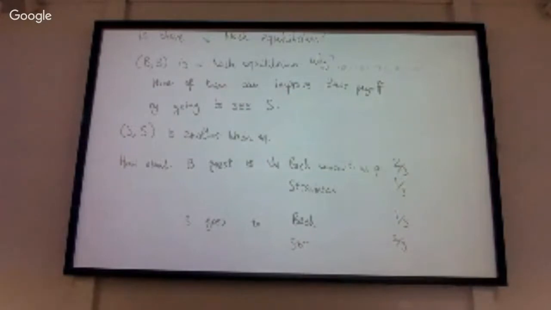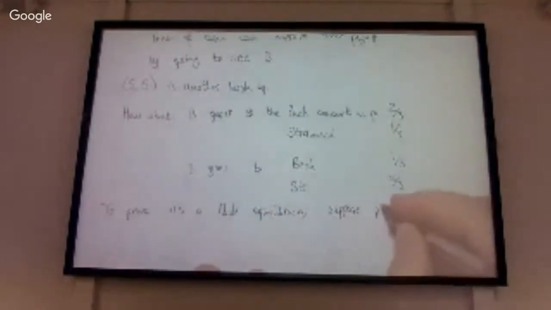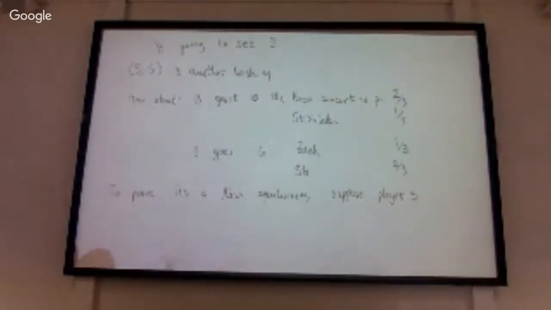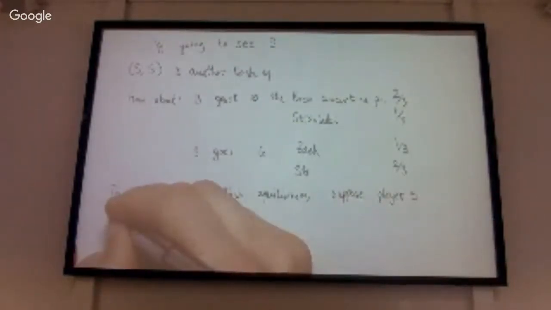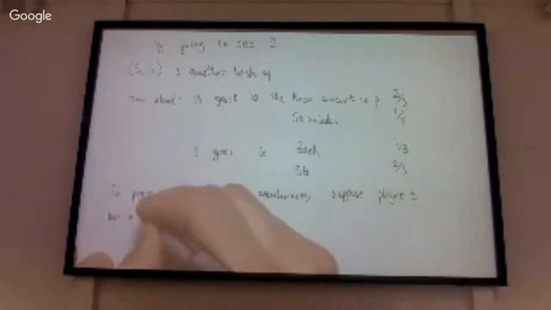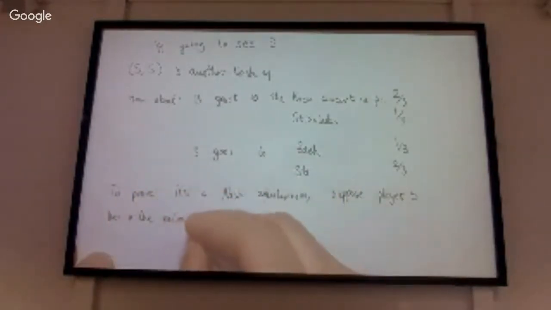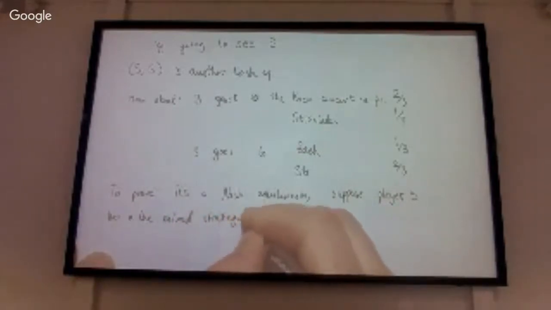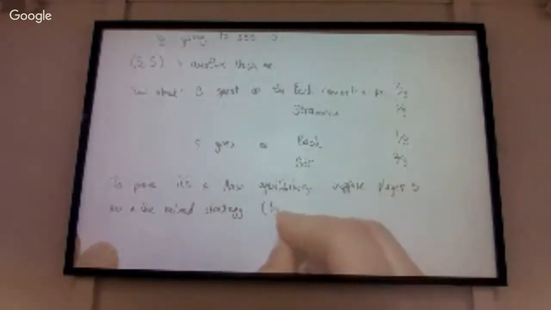So for example, to prove it's a Nash equilibrium, we suppose that the player who prefers Stravinsky has the mixed strategy that they have: 1/3 for Bach and 2/3 for Stravinsky.